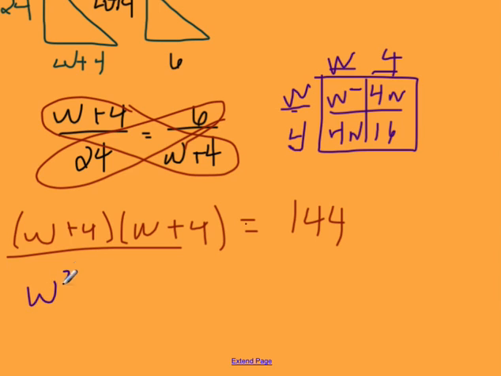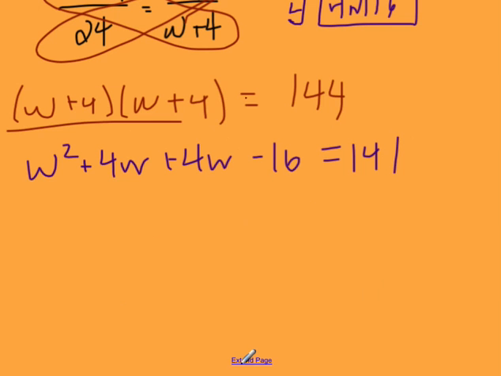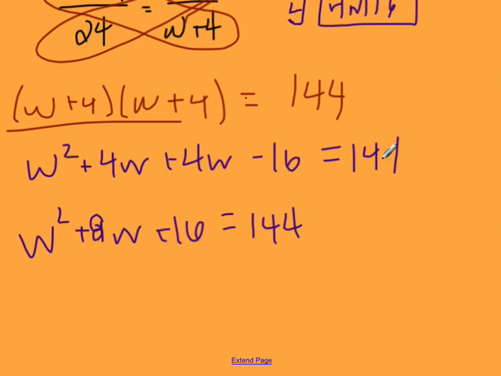So now I have W squared plus 4W plus 4W plus 16 is equal to 144. So then I have W squared plus 8W plus 16 is equal to 144. So now I have a quadratic.